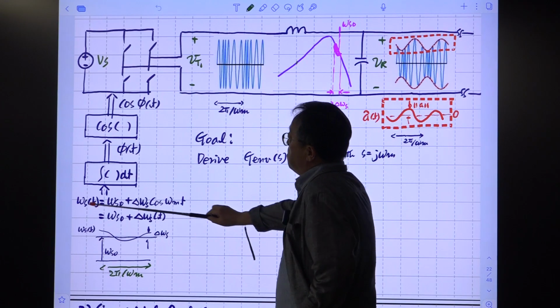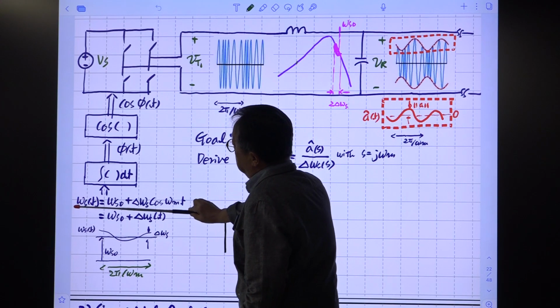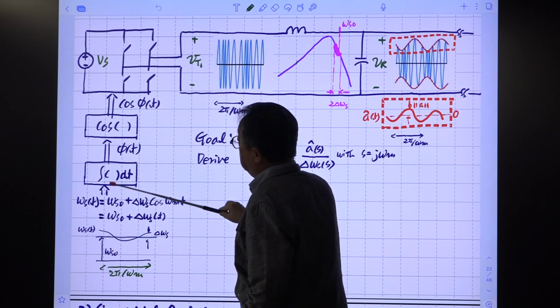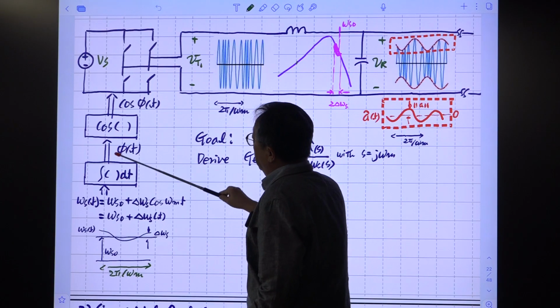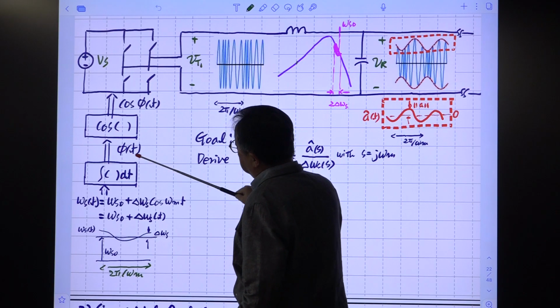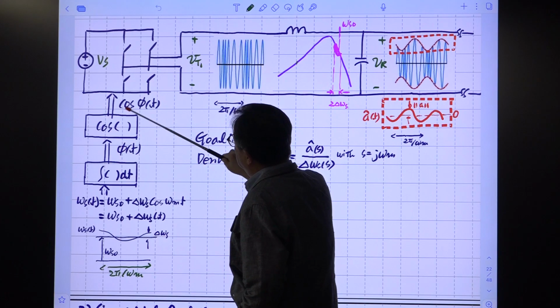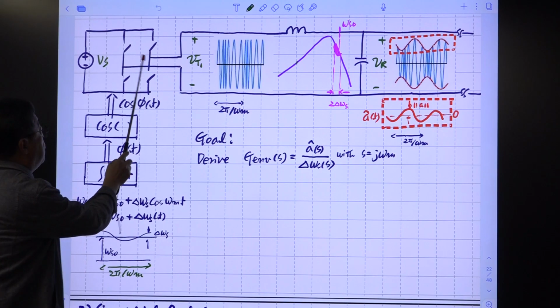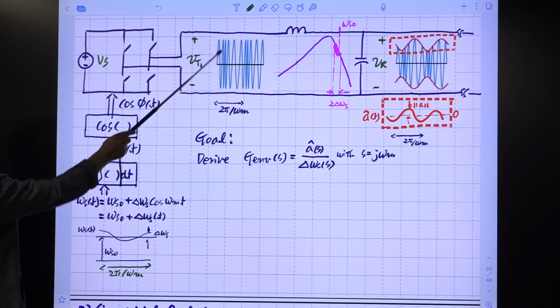So this switching signal is modulated with this component, and this switching frequency is integrated here and converted to phase. Then this is converted to the pulse waveforms, and this full bridge circuit generates this kind of waveform.